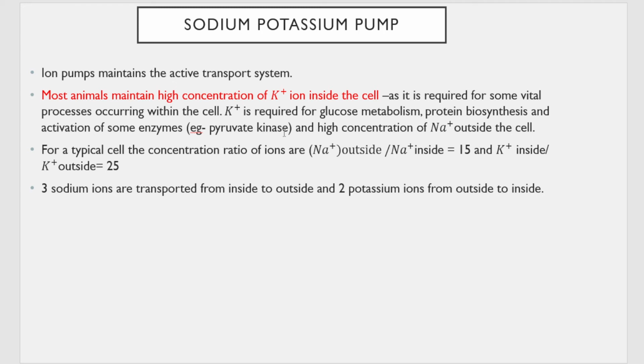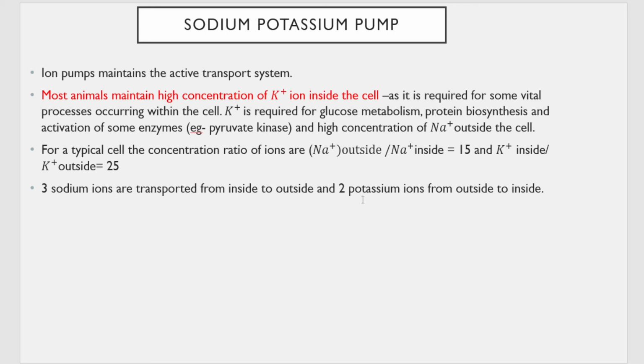Okay, so since a high concentration of K plus is maintained inside the cell, a high concentration of Na plus is maintained outside the cell. Now you can see that already there is a high concentration of K plus inside the cell. Two potassium ions are once again going from outside to inside. Why is it like that? Because this is active transport. It is going from low to higher concentration.